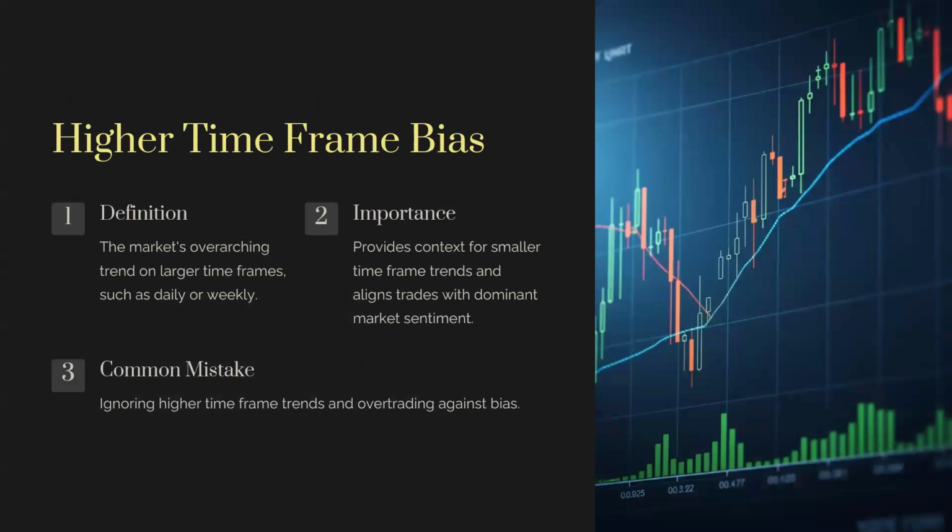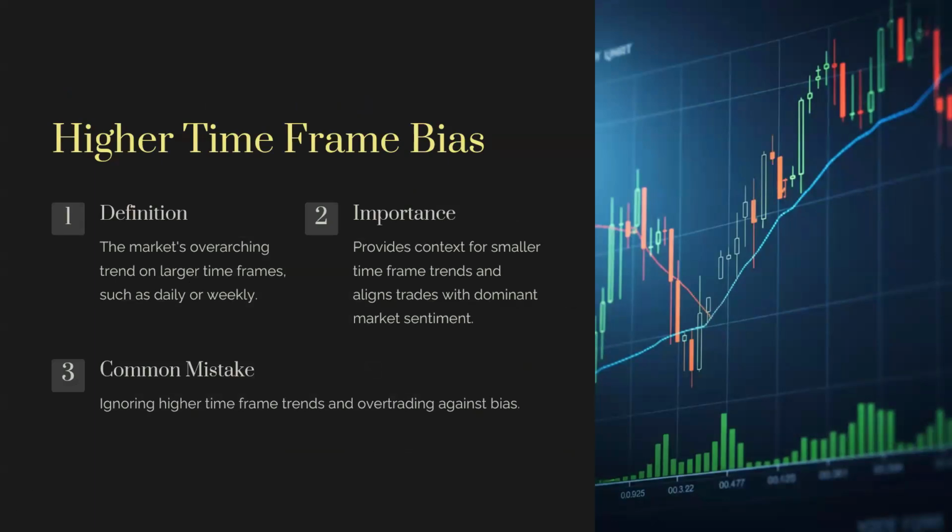So higher time frame bias is very important, and the common mistake is ignoring higher time frame trends and overtrading against the bias. So the higher time frame trend is up and we are looking at lower time frames, 3 minute, 5 minute, and taking trades only on those charts against the main time frame. That can be a costly mistake. It is a very common mistake. If you take a trade in the direction of the 15-minute chart and 3 and 5 minute are also in the same direction, that will give you a better success rate.